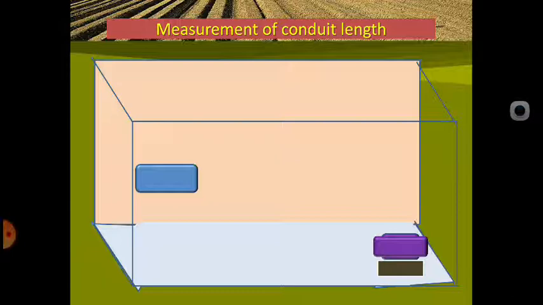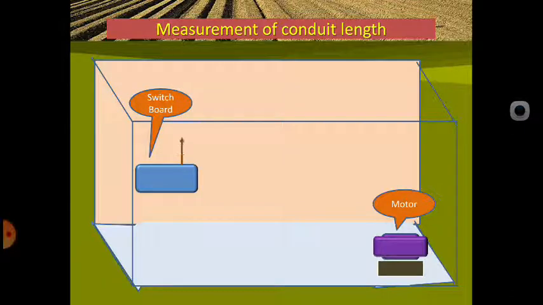Now we are going to place one switchboard here, here is our motor, and from the switchboard to the motor we are going to provide the conduit. How are we going to run the conduit? Simply draw the figure from this arrangement: the energy meter, ICTPN, single phase preventer, and starter.